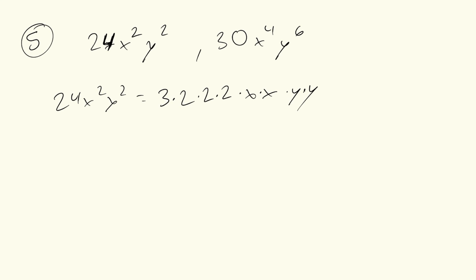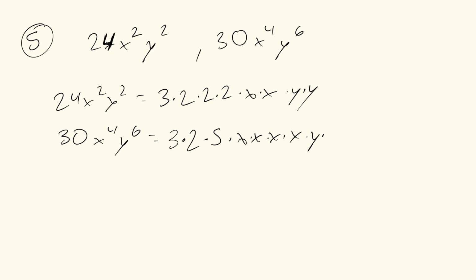And then 30x to the 4y to the 6 is 3 times 2 times 5. That gives us 30. And then you have to multiply 4 x's and then 6 y's.